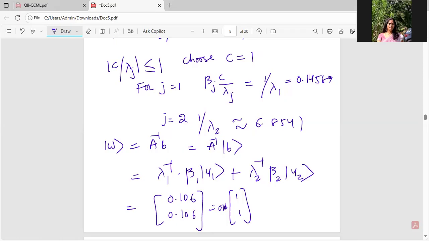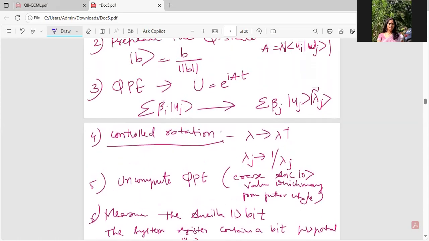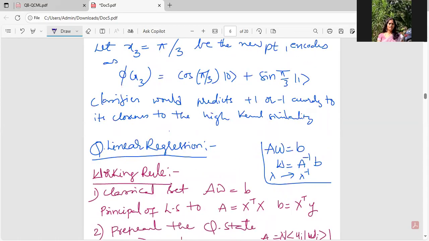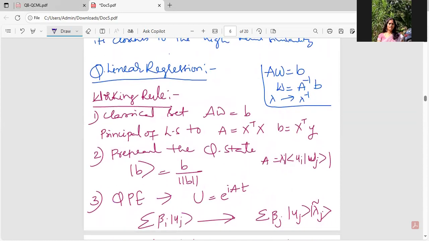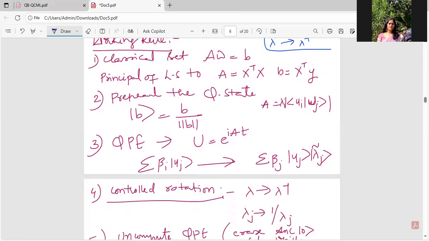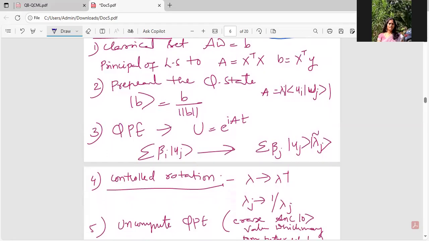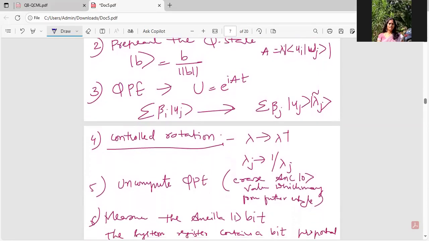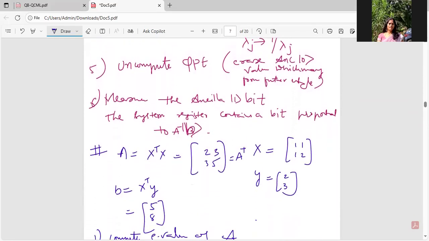This 1, 1 was my W. Here, when I am applying, I know A, I know B. Suppose I start finding out what W is, I will get 1 from this.